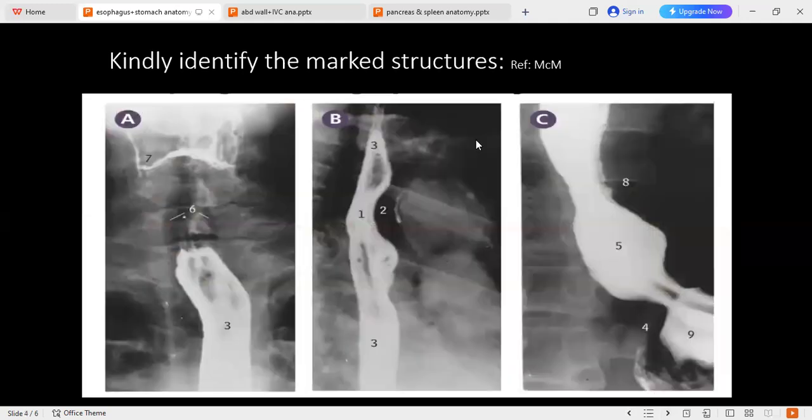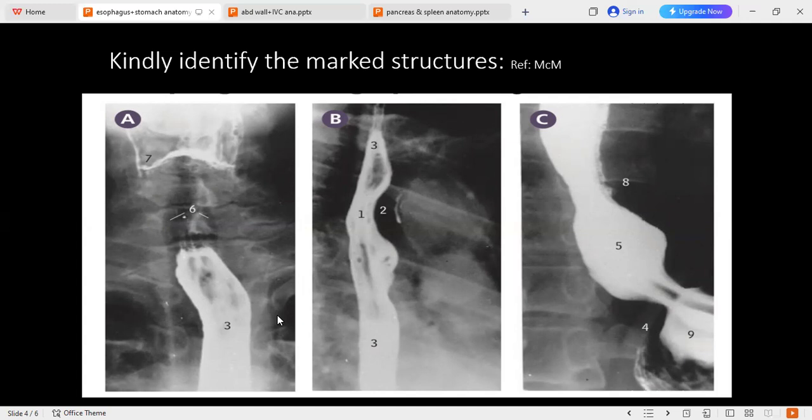Please tell me what kind of image A, B, C you are looking at? This is, I think, barium swallow. Okay. Esophagus. Please tell me what is the lining epithelium of the esophagus in all three parts, upper, middle, and lower?